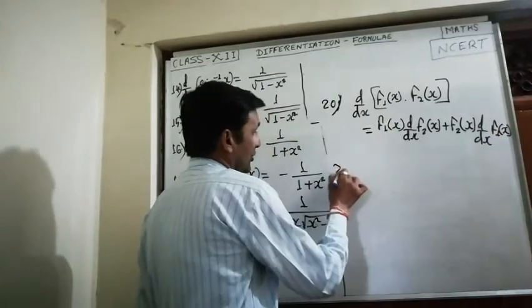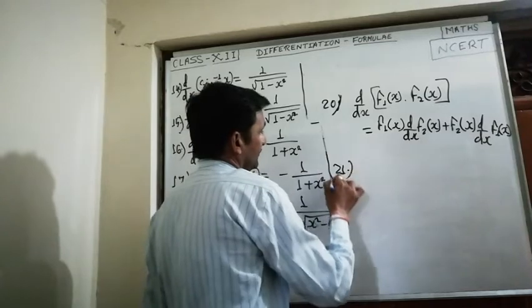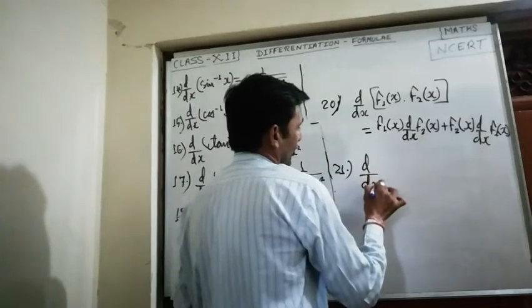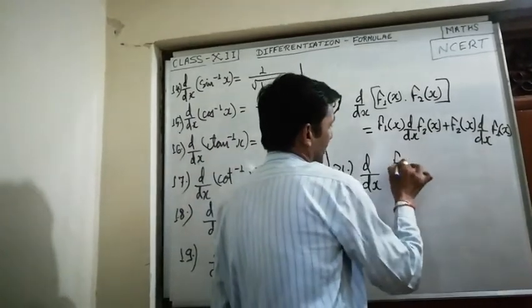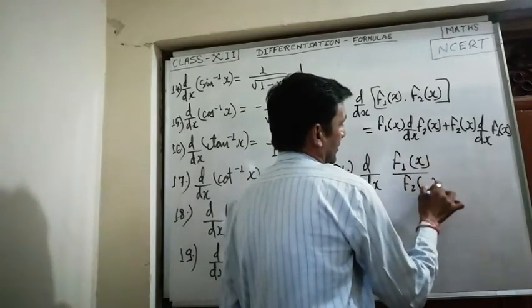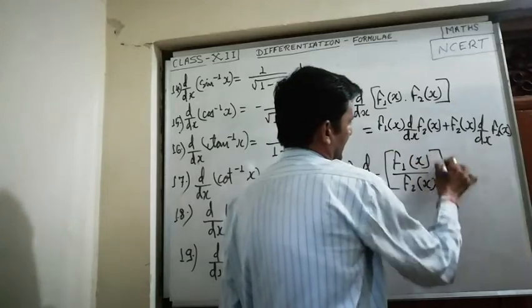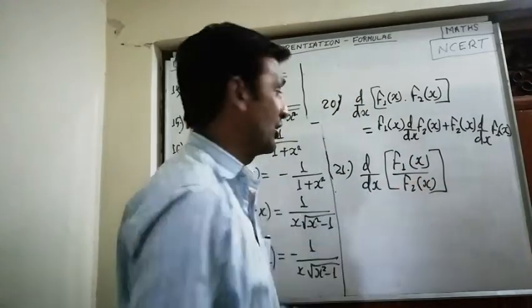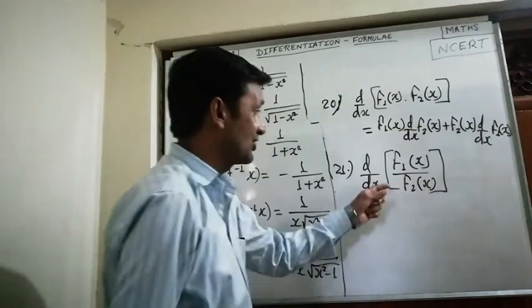Now it may also be in numerator denominator form. So for that, differentiation of f1x upon f2x. It may also be called numerator upon denominator because it is in the rational form.